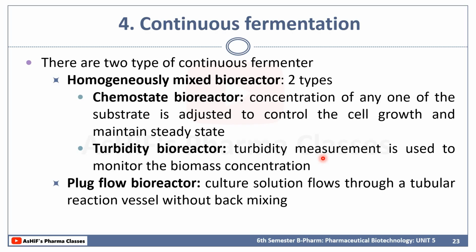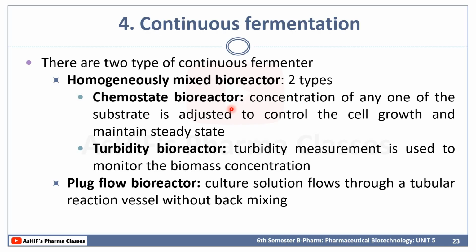So the homogeneous mixed bioreactors are of two types: the chemostat bioreactors as well as turbidostat bioreactors. So what is meant by chemostat bioreactor? The concentration of any one of the substrates is adjusted to control the cell growth and maintain steady state. That is the chemostat. So here the concentration of the chemical used is static.